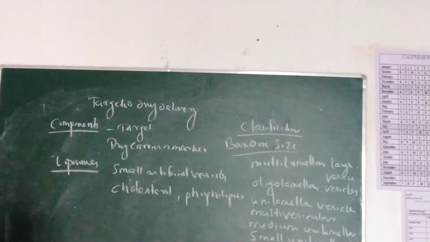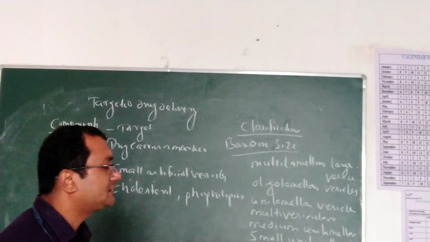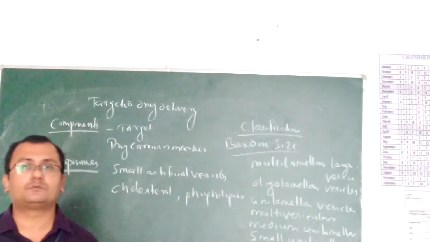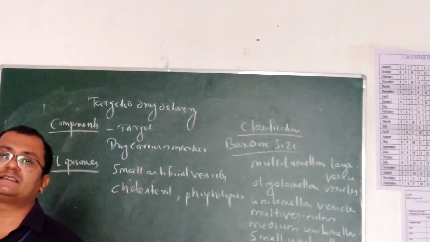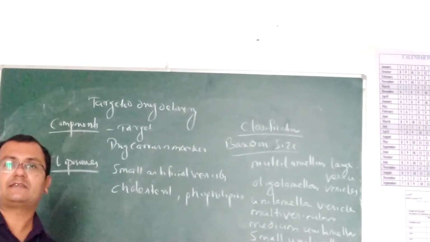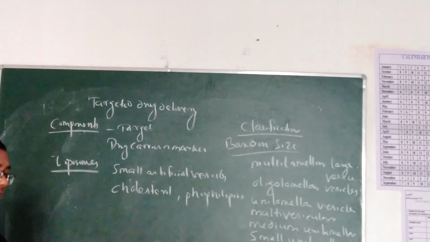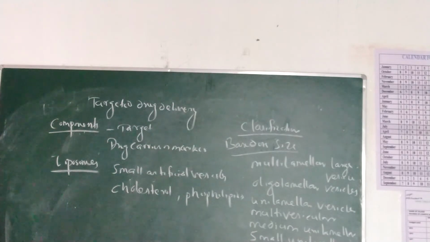But while preparing, the drug will not always be loaded into the liposome. That's why the loading parameter is divided into two types: active loading and passive loading. Active loading is sometimes called remote loading.